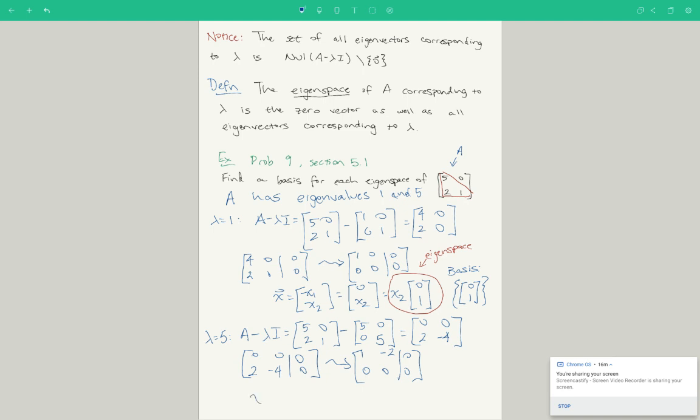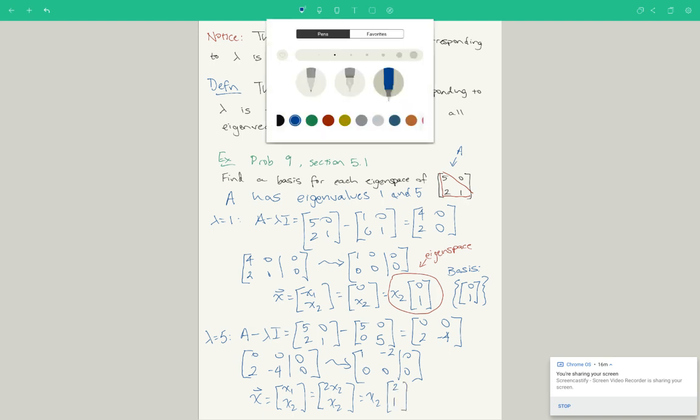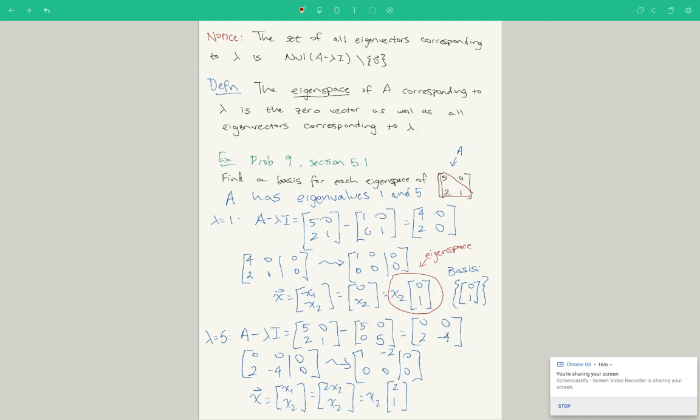So to find our eigenspace, we want to put that solution set into parametric vector form. Our x1, we see from our first row, is 2x2, and then x2 is a free variable, so it just equals itself. And we can factor out that x2 to get 2, 1. And again, our eigenspace is the entirety of this null space.